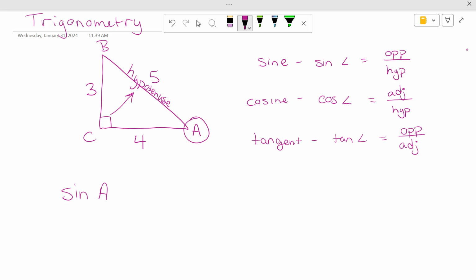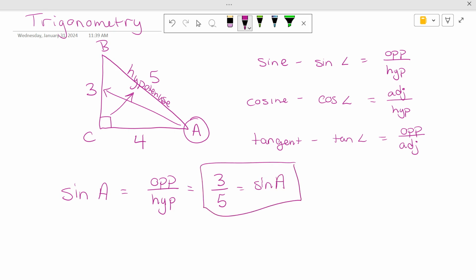The sine of it tells me that I want the opposite side of angle A over the hypotenuse of the triangle. The side opposite of angle A is 3. The hypotenuse is 5. So 3 over 5 equals the sine of angle A in this triangle. So you just have to know where certain things are in a triangle.